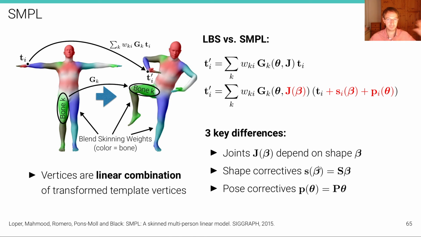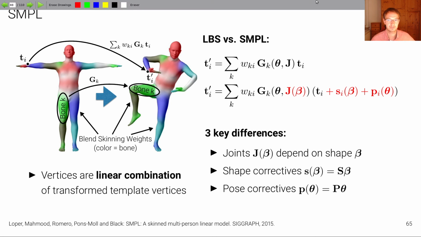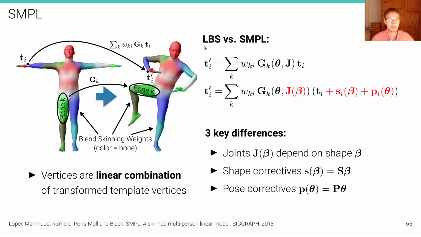In order to yield the final model, and of course also in terms of the other parameters like what LBS is optimizing for the pose, and the skinning weights are given.